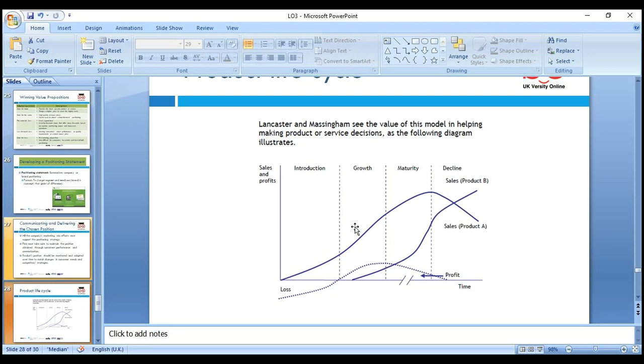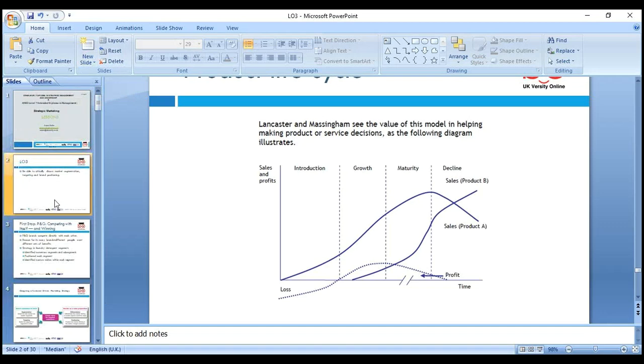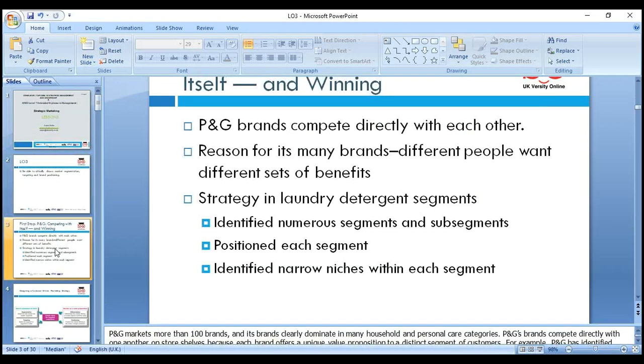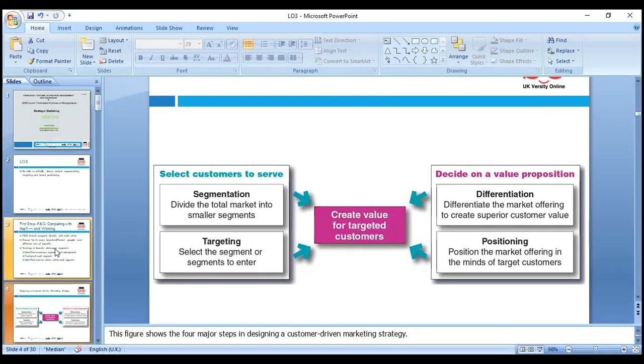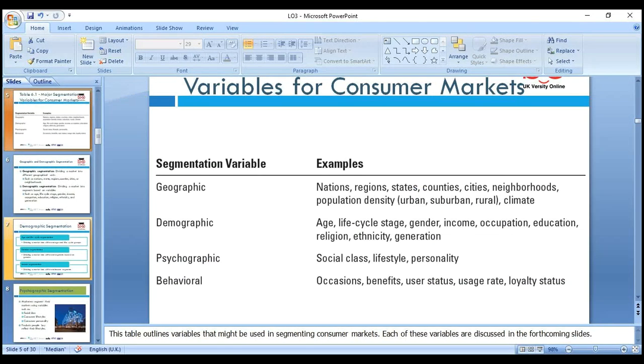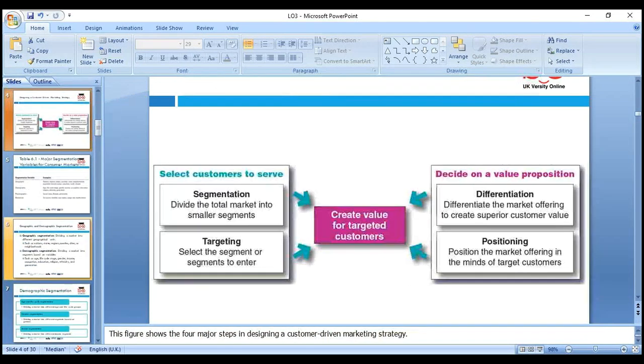So whenever we segment, we always need to look at the product life cycle as well to maximize our market share. In today's lesson, all we discussed is brand positioning and different bases of positioning using different positioning methods. We discussed segmentation based on demographic, geographic, behavior, and psychography. We discussed target, differentiation, and positioning. So first, you segment.